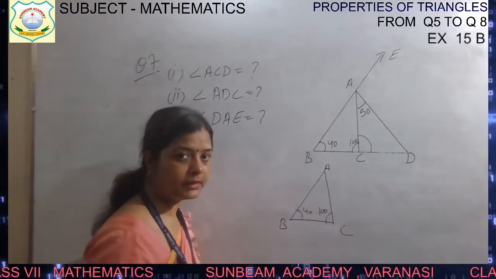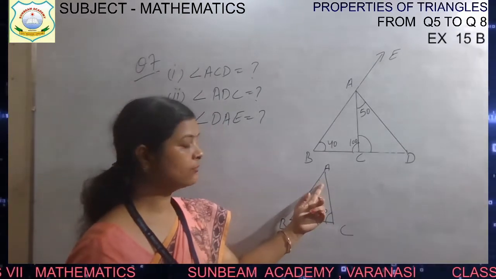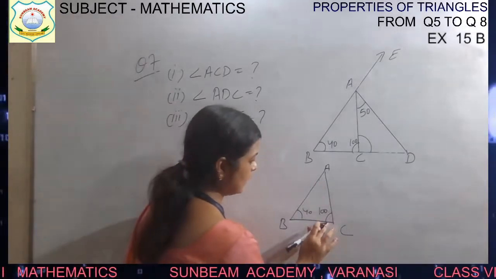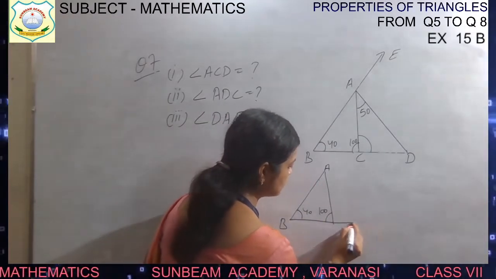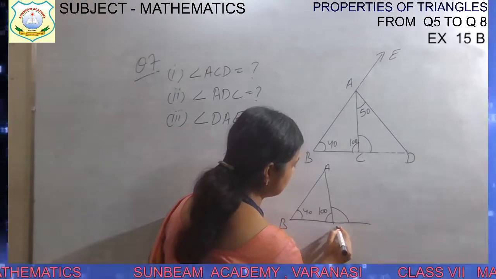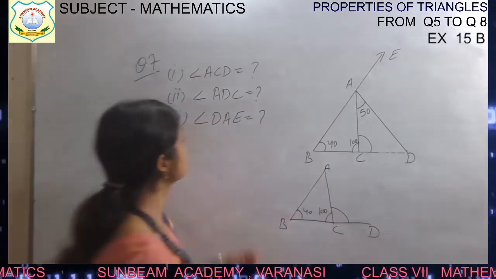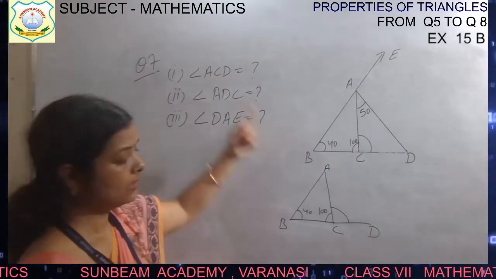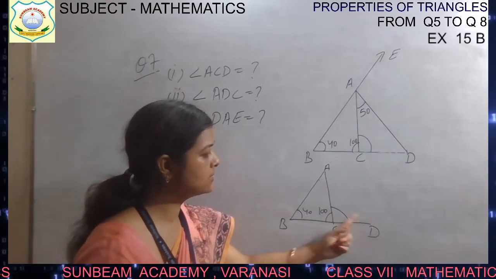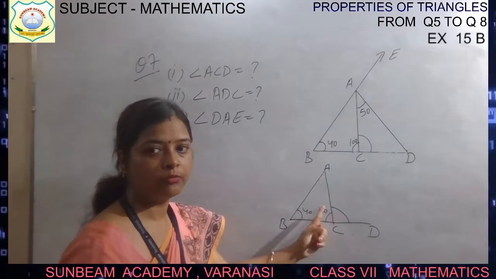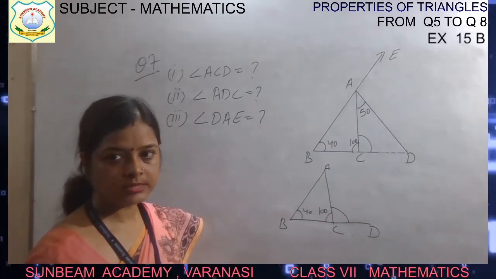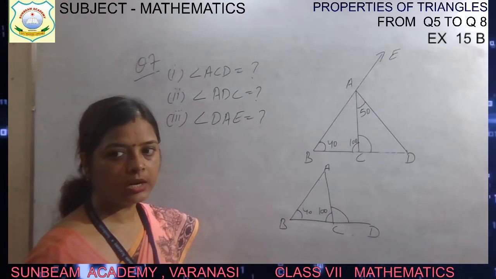Yes, we can find, but in the question they are not asking for this angle. But for this angle, children, if you will see it properly, this is angle C. Okay, so ACD, they have asked for ACD, and ACD is what? It is exterior angle for this. Okay, children. So now we will find this.